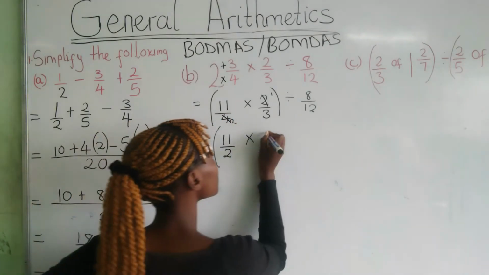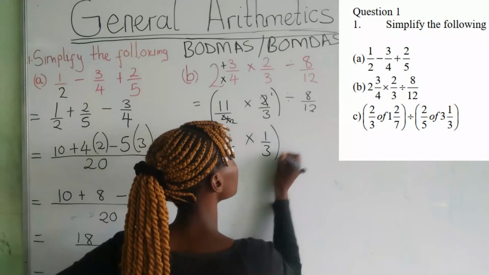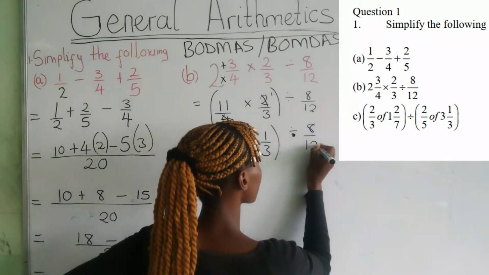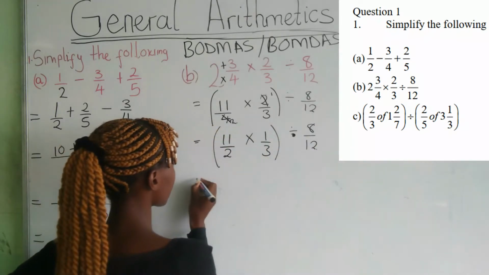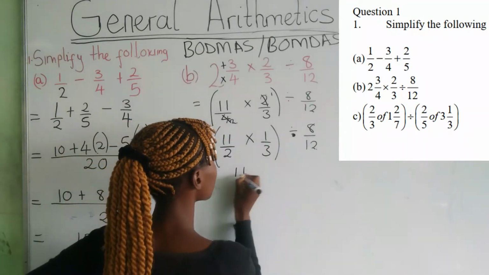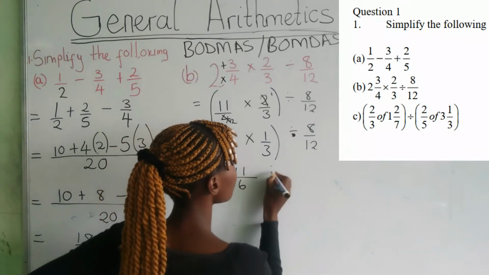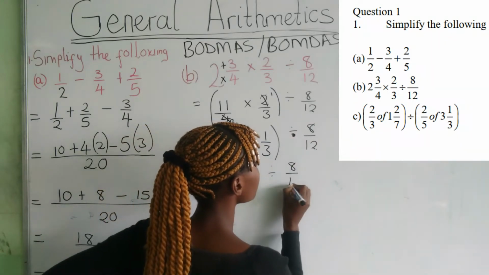Here it remains 1/3, divided by 8 over 12. Then we simplify inside, we get 11 over 2 times 3, 6, divided by 8 over 12.